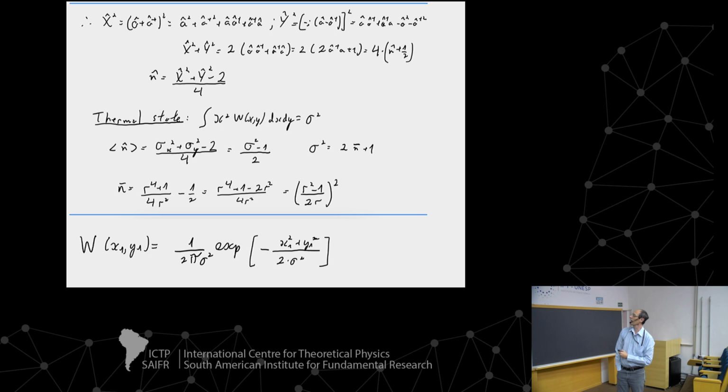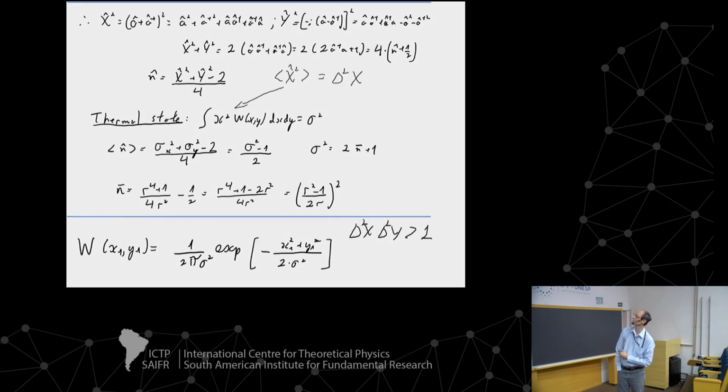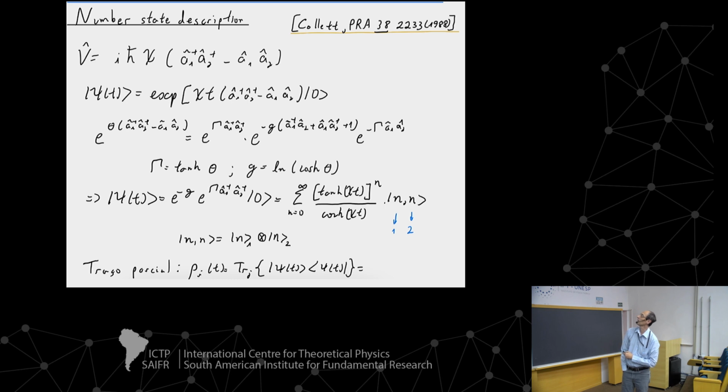Another interesting way of looking at it is in terms of number of photons. So let's see those states in the number state description. When you take this evolution in the number state description, you have the successive application of creation and annihilation operators.